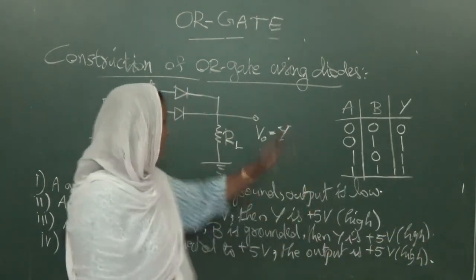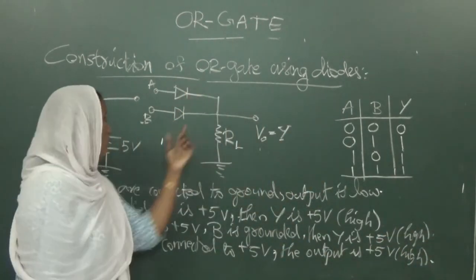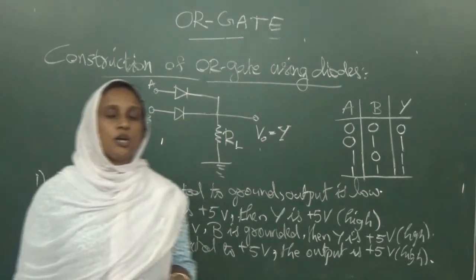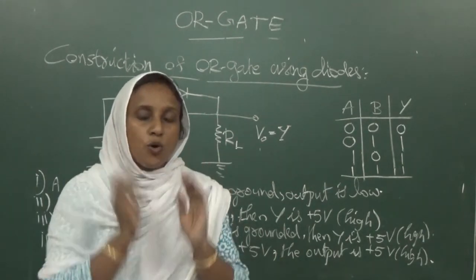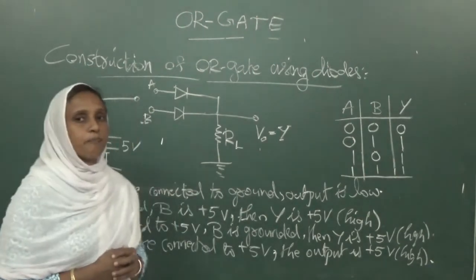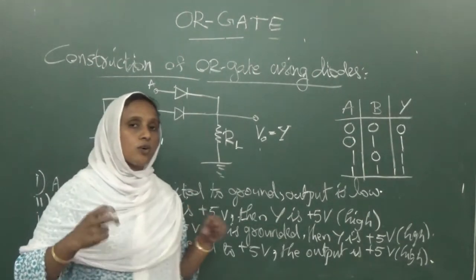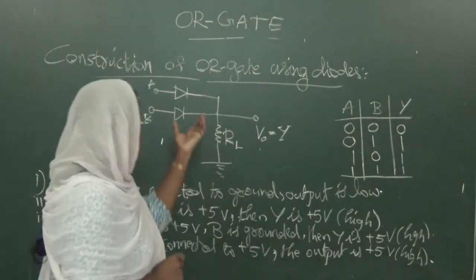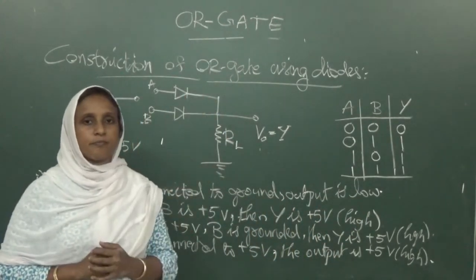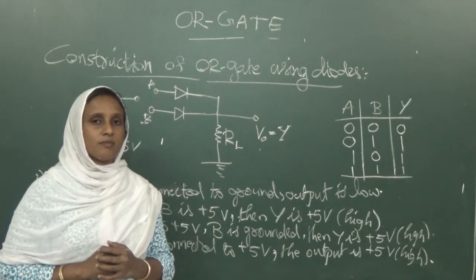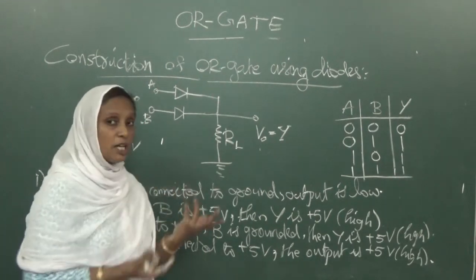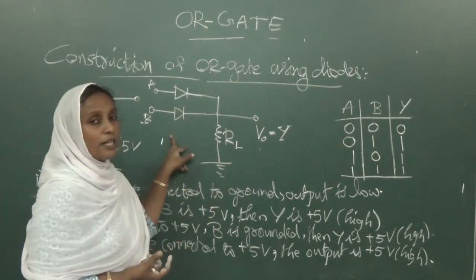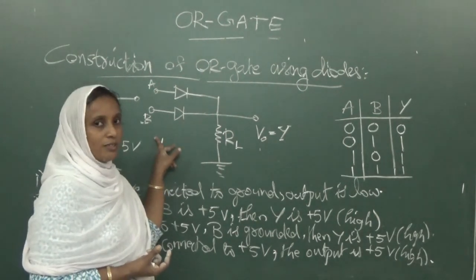Okay. So we can see that using these two diodes like this in this circuit, we can construct an OR gate in the laboratory. Okay, to perform electronics experiments, you can construct an OR gate using two diodes like this. If you need 3 inputs, you have to use how many diodes? 3 diodes, right?